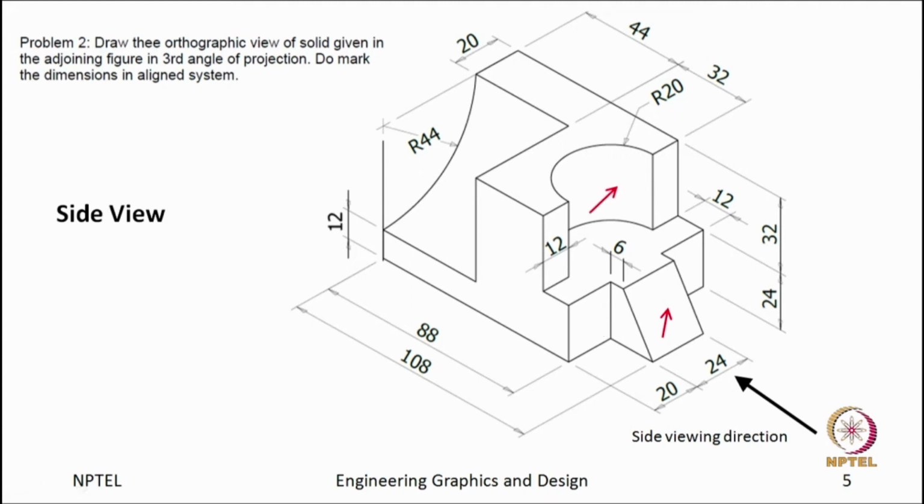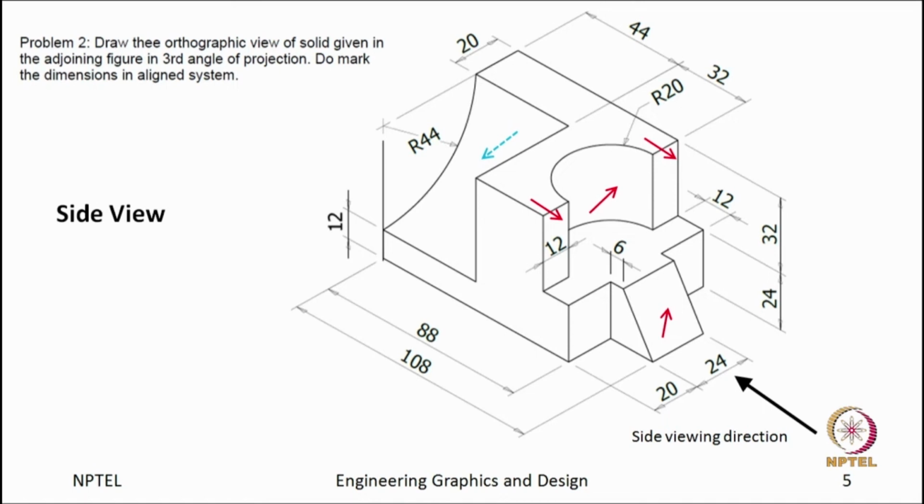This cavity is not a hidden feature this time. These two sides we will look at from the side, and another feature will be there. This will be a hidden feature: from the top and from the front we could look at it, but from the side view we will not be able to see it. This curved area will be a hidden feature. So, let us go for the drawing.